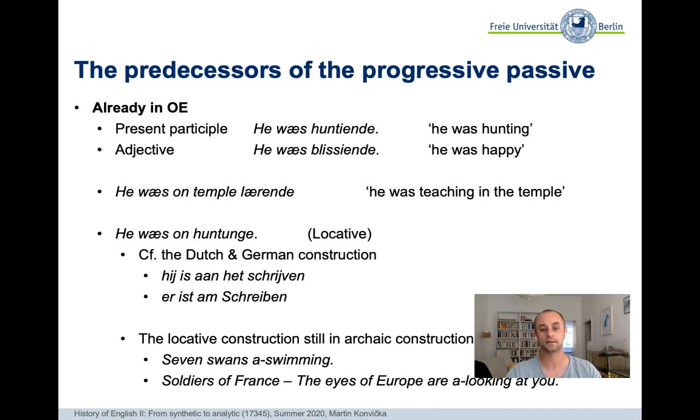This is basically the Old English preposition on. Or, soldiers of France, the eyes of Europe are looking at you. Again, a preposition that was originally a separate word but got merged with the verb that follows.